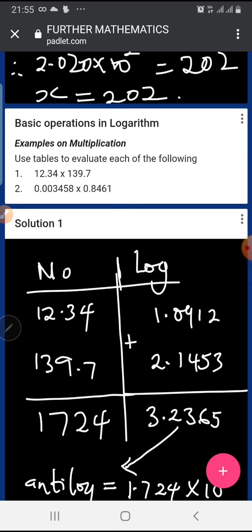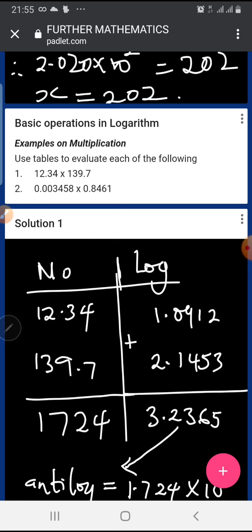In logarithm, you can also have basic operations like multiplication, division, square, and square root. When you are given multiplication, you have to multiply two numbers, and you use your table. Without using calculator, you can actually get this number.